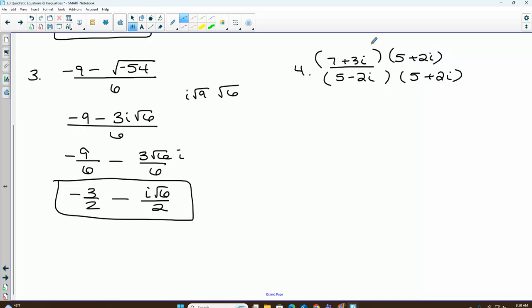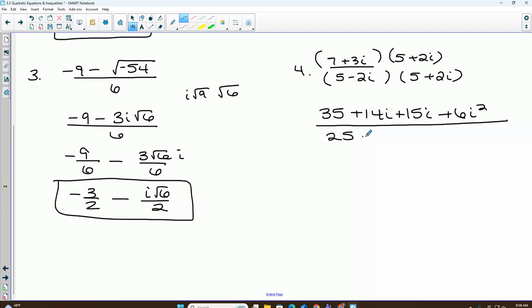So then if we put, we get 35 plus 14i plus 15i plus 6i squared. Put it on the bottom so you get 25 plus 10i minus 10i minus 4i squared.